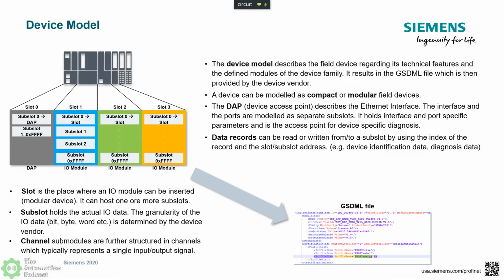So there is an address space for the device vendor where he can provide his own data records. This addressing scheme is also used for accessing I/O data. If you want to address data from a specific subslot, you need to know on which slot the subslot is located, and then you can access the data.